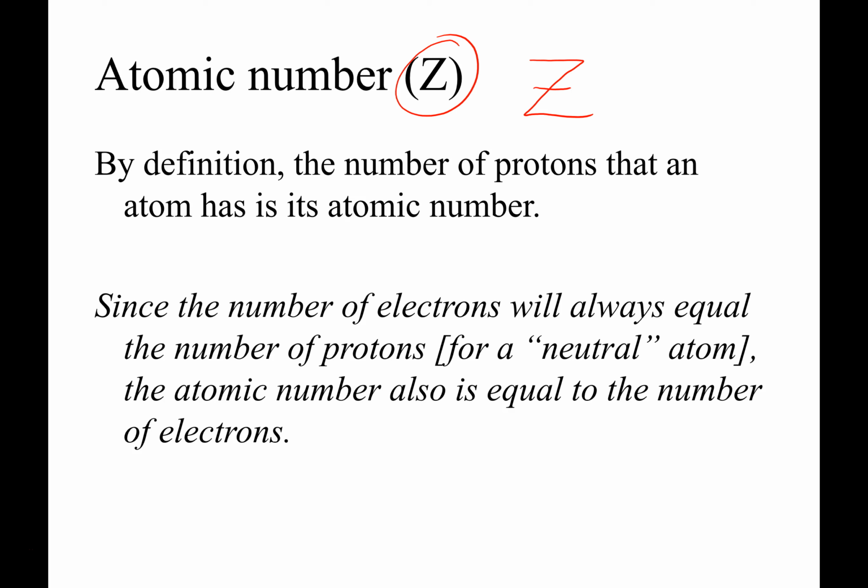Not all lead atoms are balanced, but if it is, that's what it will be. So the number of electrons will equal the number of protons if it's neutral. Neutral means balanced, no charge. And we're going to talk more about how not all atoms will form ions.